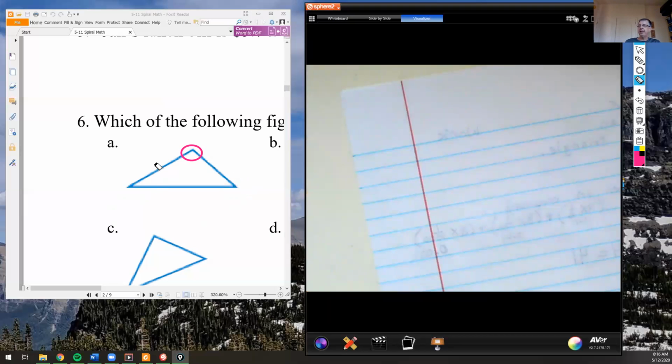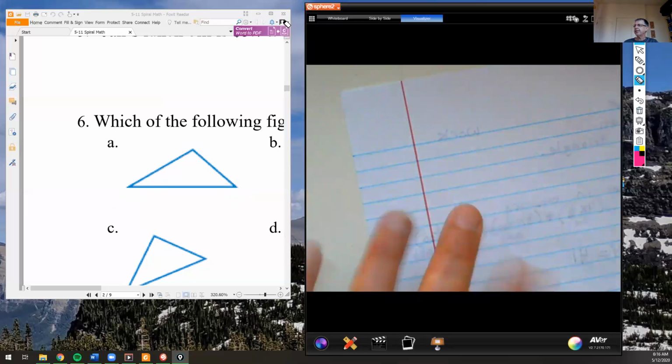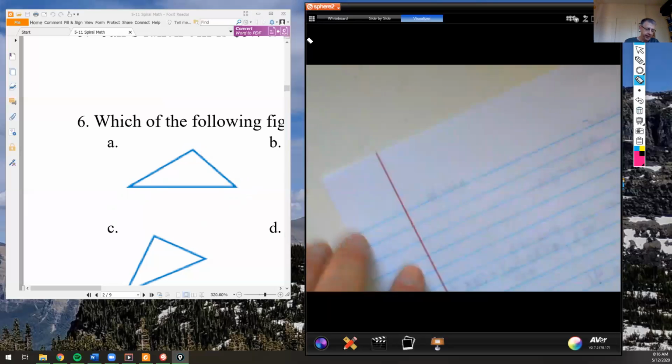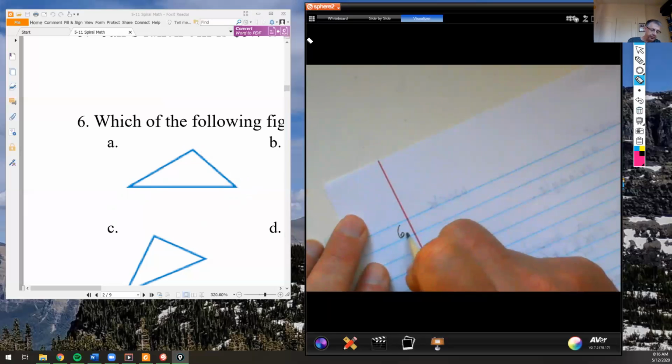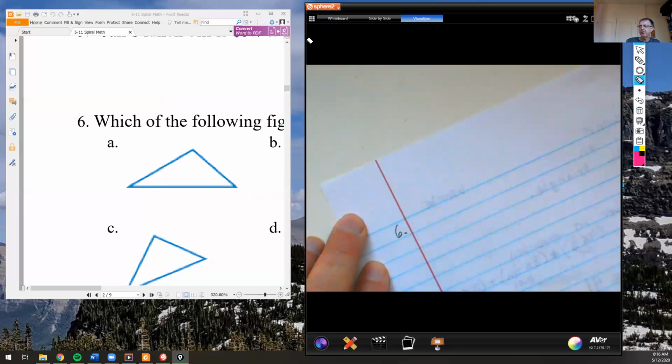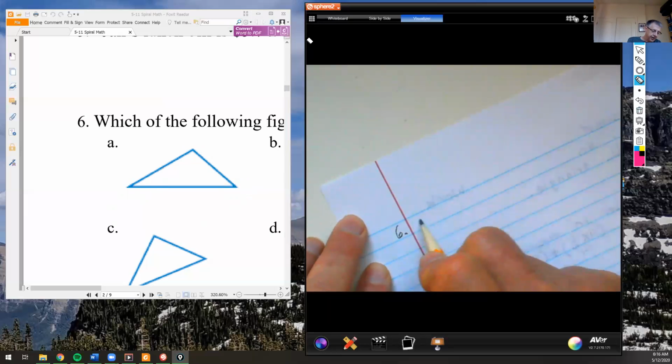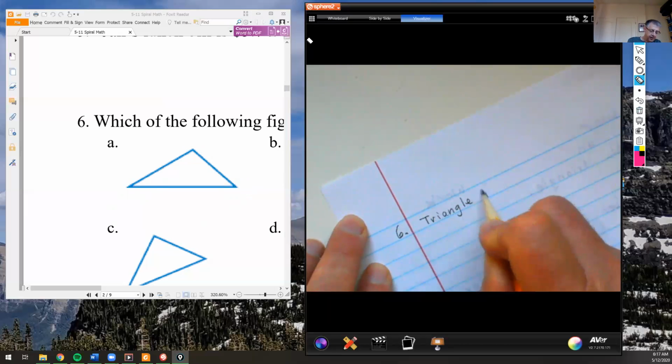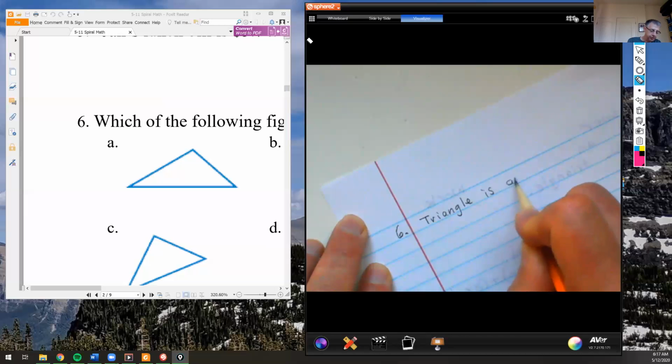This angle is an obtuse angle. That's how I know that this triangle, triangle A because it doesn't have a name, is an obtuse triangle.